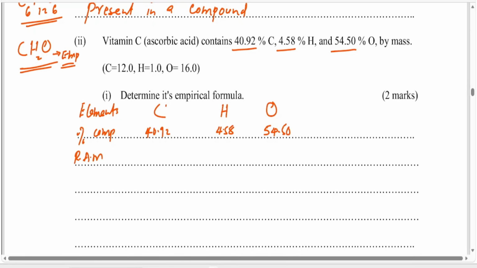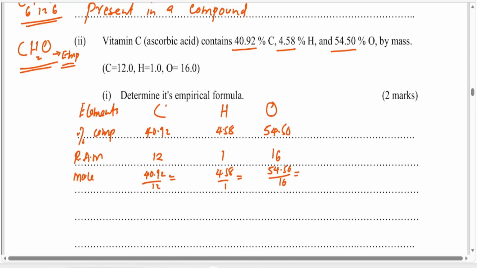Relative atomic mass of carbon is 12, hydrogen is 1, oxygen is 16. After that, we move to the moles. How do we determine the moles? We take the percentage composition and divide by the relative atomic mass. So we take 40.92 divided by 12, 4.58 divided by 1, and 54.50 divided by 16.